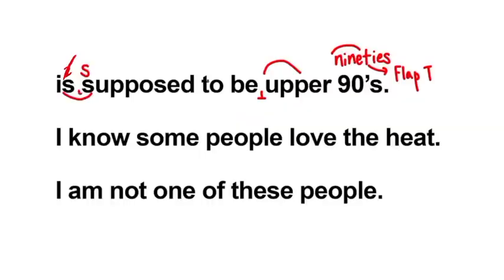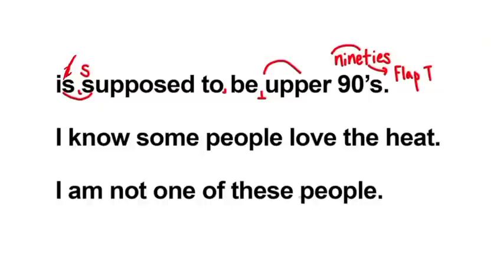Now this phrase, supposed to, is never pronounced that clearly. We do a reduction with it. Can you hear it? Is supposed to, supposed to. So it's a three-syllable phrase, supposed to, but I turn that into a two-syllable phrase, supposed to.